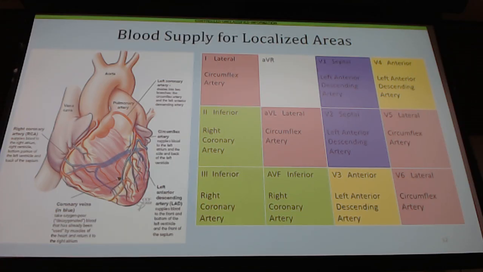So, inferior wall MIs, so II, III, and aVF, it's your right coronary that's the problem in the vast majority of patients. Okay? So the 12-lead EKG can give you an idea of which coronary artery is giving you the problems.